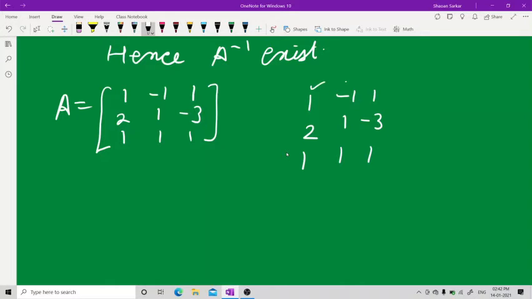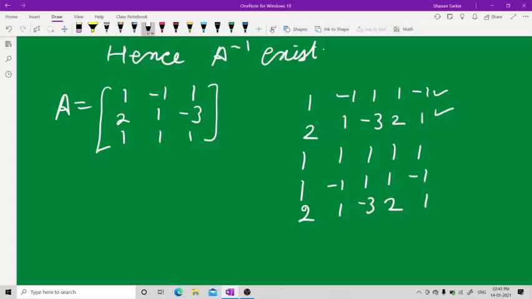Repeat the first two columns: 1, 2, 1, -1, 1, 1. Now you repeat the first two rows: 1, -1, 1, 1, -1, 2, 1, -3, 2, 1. This you repeat.